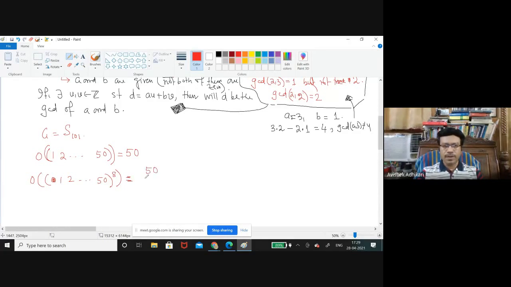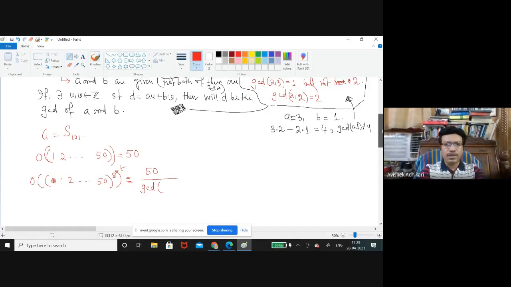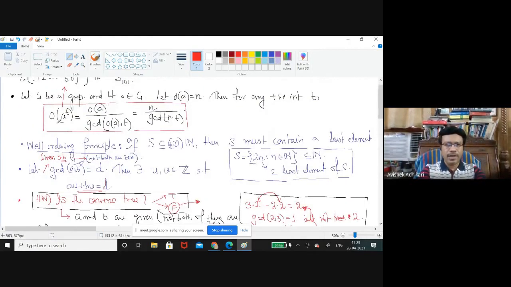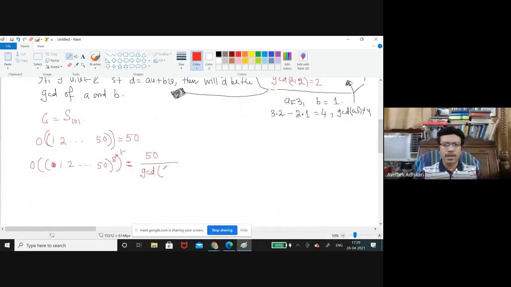It will be 50 divided by GCD, where this is my T. If you look at this formula, it says that for A to the power T, the order is the order of A divided by GCD of order of A comma T. Here order of A is 50, so GCD of 50 comma 8. So 50 divided by the GCD of 50 and 8, which is 2, gives 25. Is it clear to all of you?